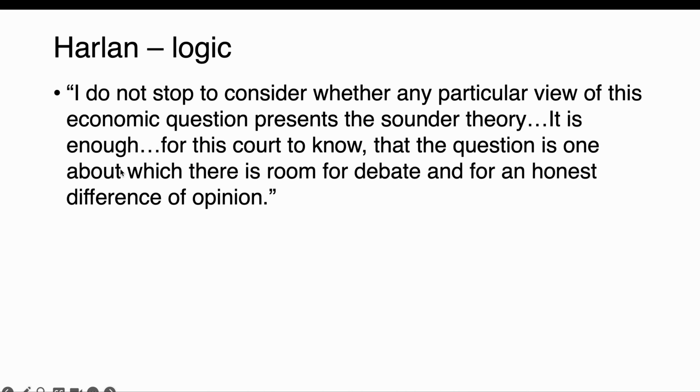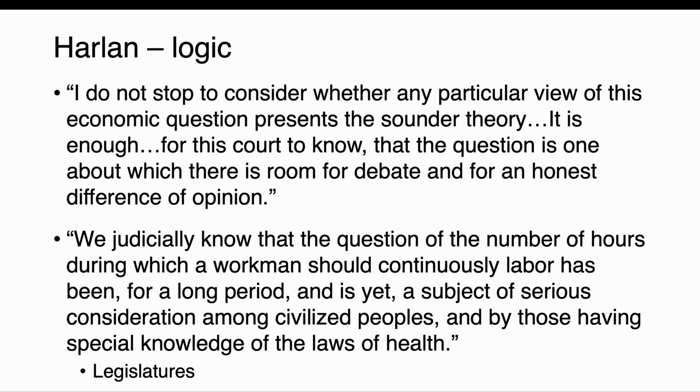And Harlan's like, I'm not basing my opinion on whether or not this is laissez-faire capitalism run amok. All I know is that this law helps mitigate some of the problems of a dangerous profession, and so that's the only basis on which I'm letting the law be upheld.